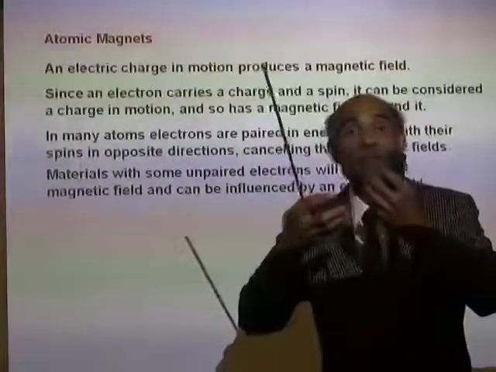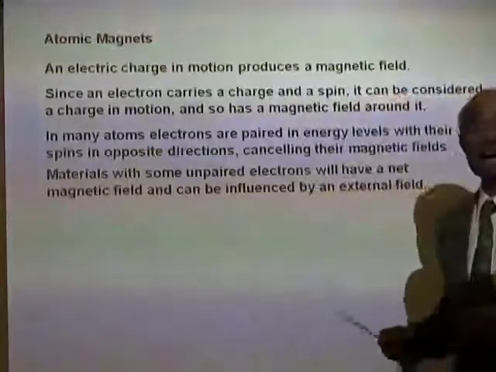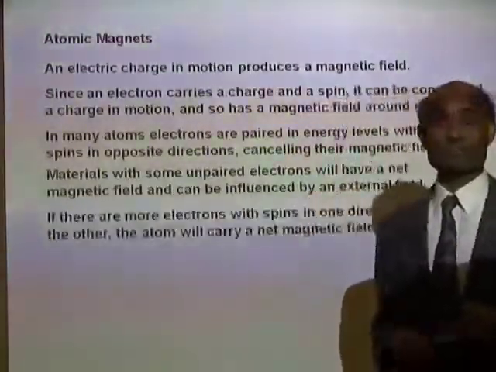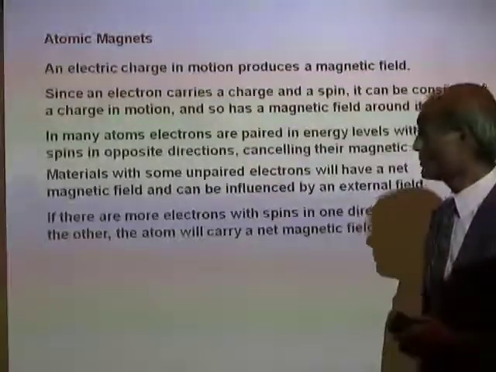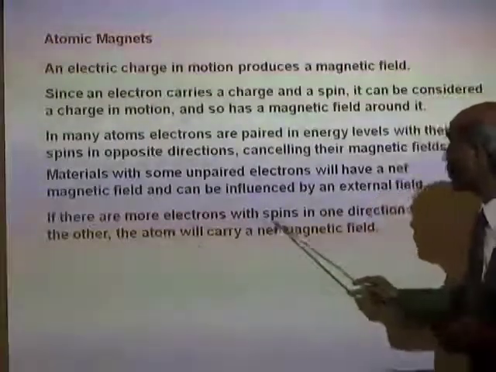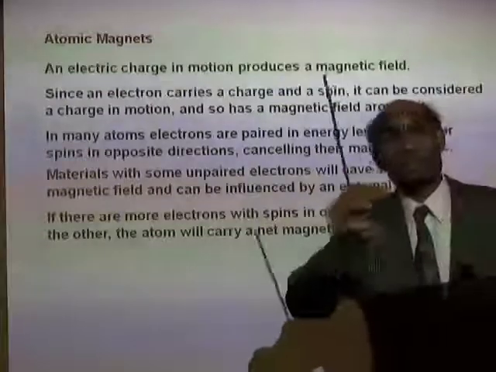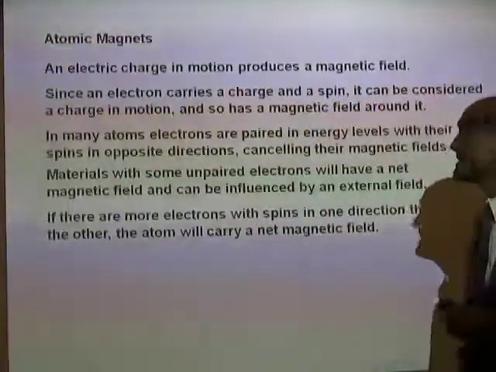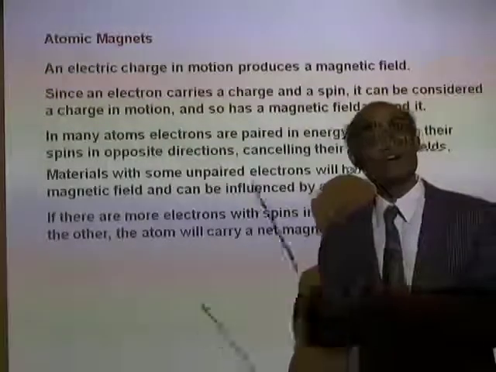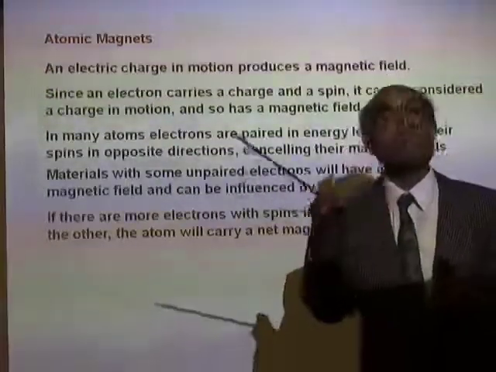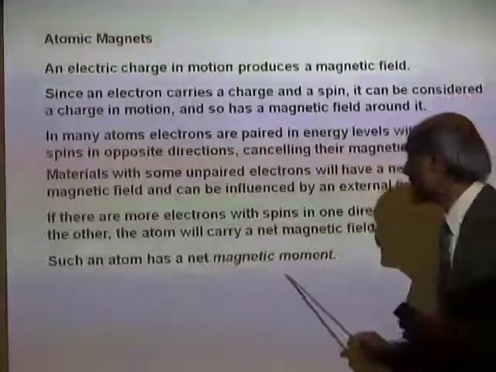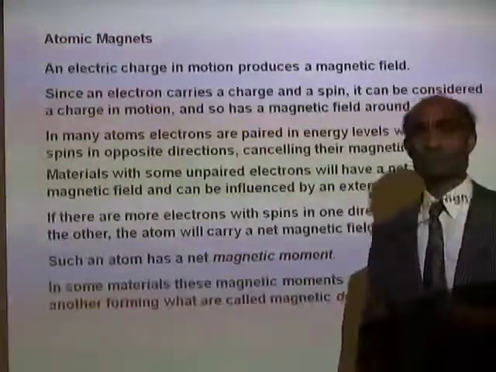There will be some net magnetic field, and that can be influenced by an external magnetic field. And also, if there are more electrons with spin in one direction than in the other, the atom will carry a net magnetic field. And this is the origin of the magnetic dipoles. Now, such an atom has a net magnetic moment.